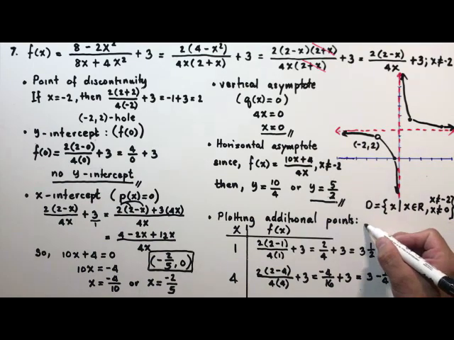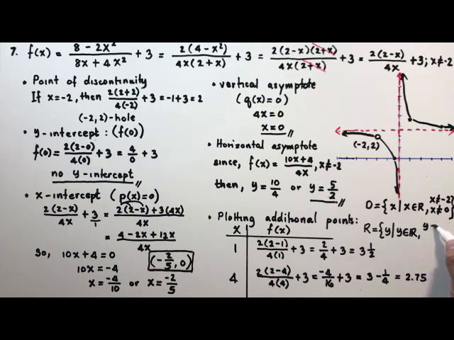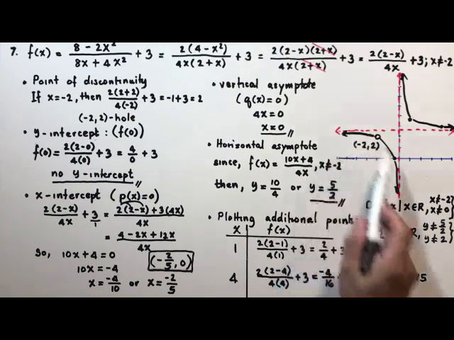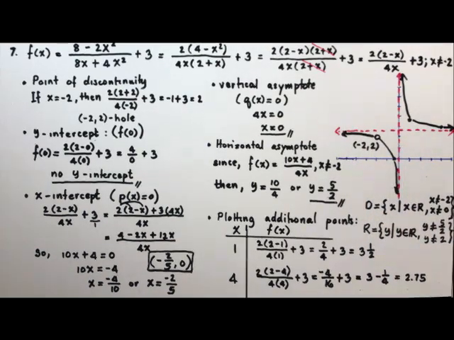And the range is the set of all y such that y is a real number but y cannot be equal to 5/2 because y equals 5/2 is our horizontal asymptote, and y also cannot be equal to 2 because that is a point of discontinuity in this function. So the function is not defined at y equals 5/2 and y equals 2.